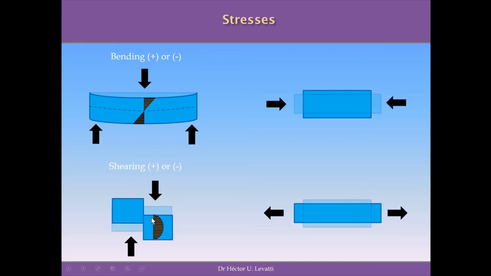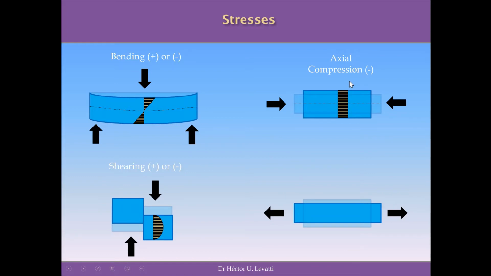The shear stresses have a distribution that follows a parabolic function like this, so the maximum shear stresses for a structure are in the middle of the cross section. So you see the difference between the bending stresses, which have a linear distribution with the maximum on top and at the bottom, and the shear stresses, which have a parabolic distribution with the maximum in the middle of the cross section.